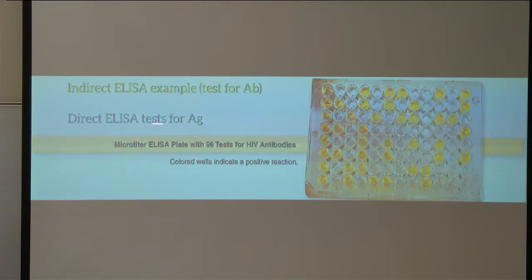So you're directly looking for the antigen with the direct ELISA. Indirect, you're looking to see if they're infected based on the idea if they produce the antibody. So that's why it's indirect. You're not looking for the agent, you're looking for what they did in response to it. So indirect ELISA, you're testing for antibodies. So in the case of HIV, do they have the HIV antibodies?